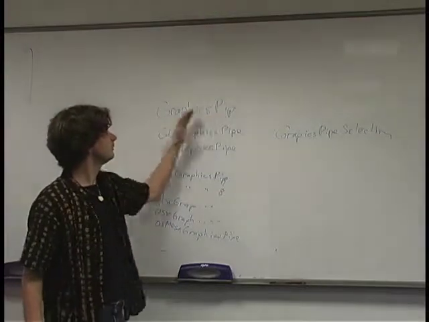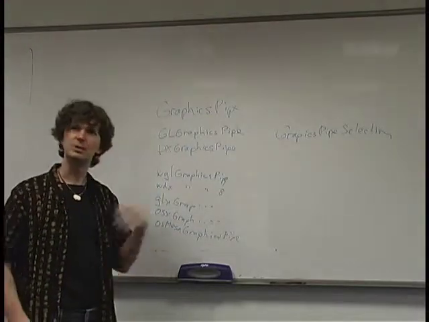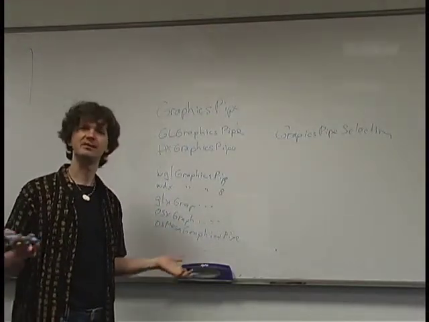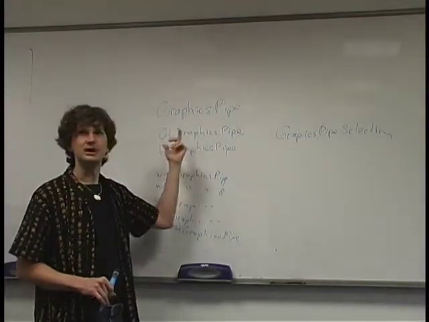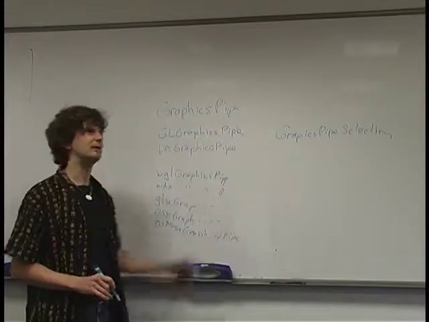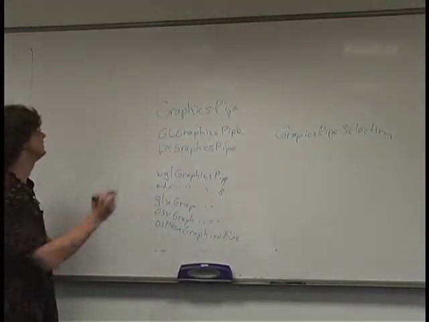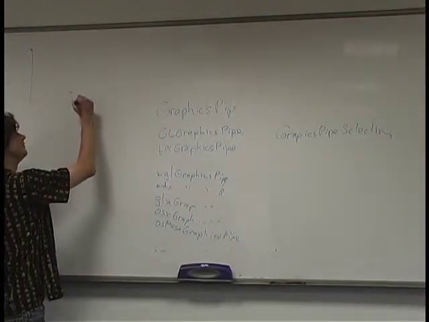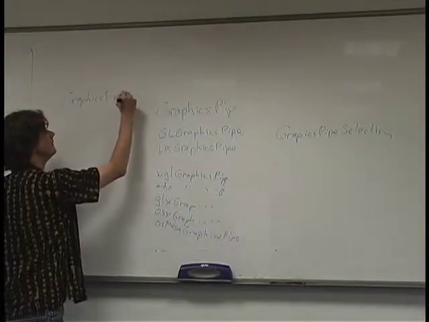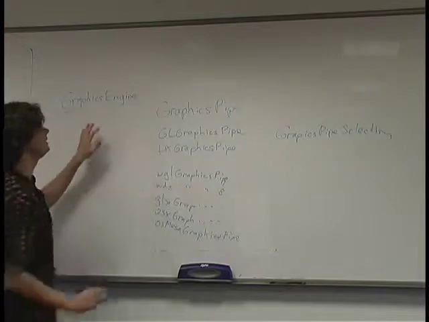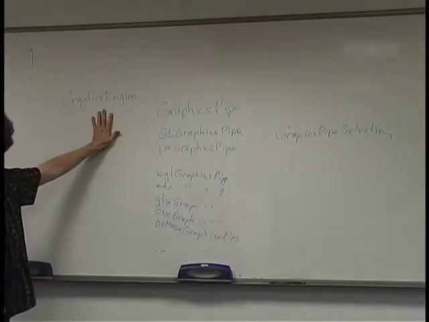All you can do with the graphics pipe is use it to create windows and buffers and the other things that you can actually render with. But even that you can't do directly. To actually do anything with a graphics pipe, you need a graphics engine. Now the graphics engine is an abstract thing.